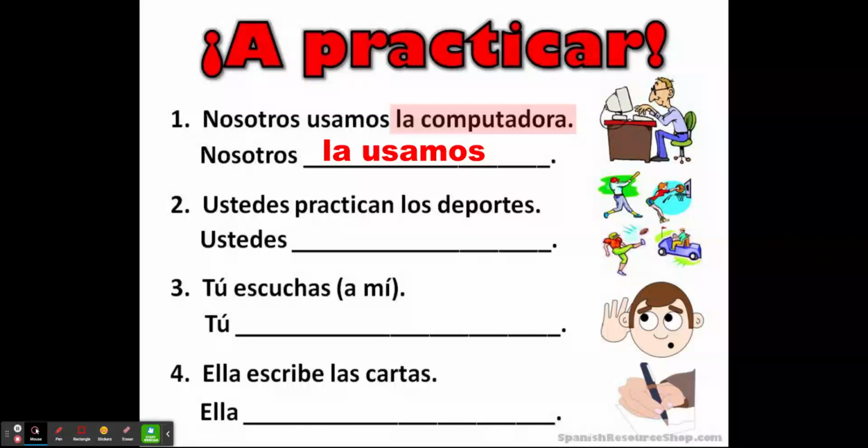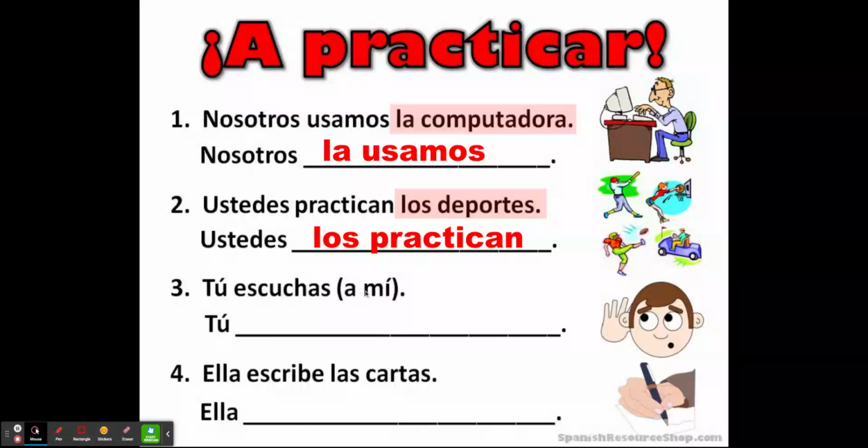Then the next one. Ustedes practican los deportes. What do you practice? Los deportes. Easy. So you're going to use this one. Ustedes los practican. And then, tú escuchas a mí. Whom do you listen to?